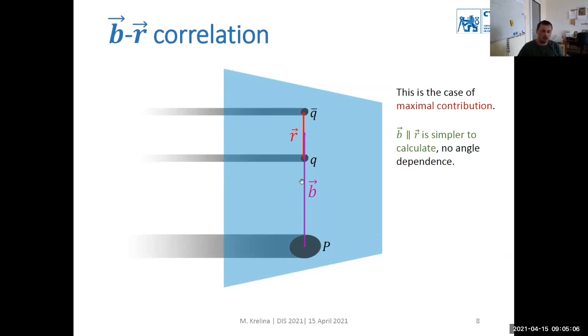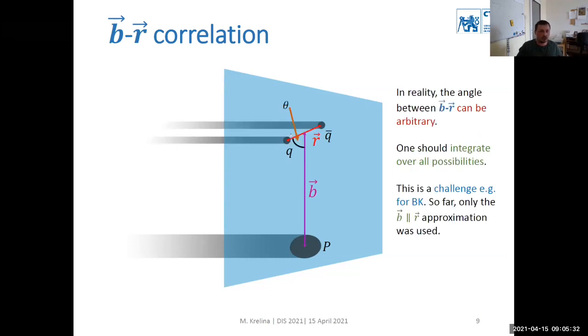The other vector is the vector b, the impact parameter, that describes the distance from the target to the center of mass of the QQ bar system. The case when r and b vectors are parallel is the easiest one, and it also gives the maximal contribution. It's easier for calculation because you have no angle dependence.